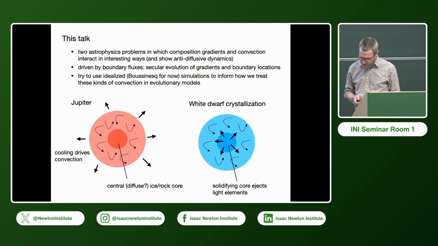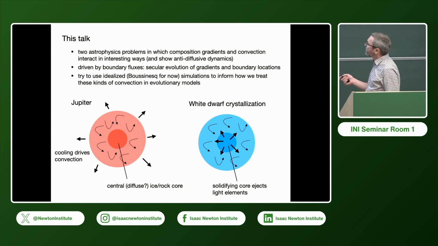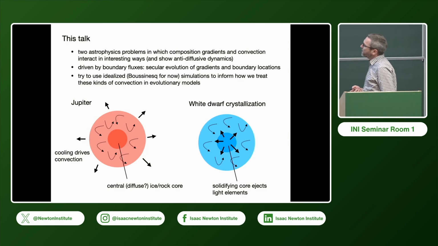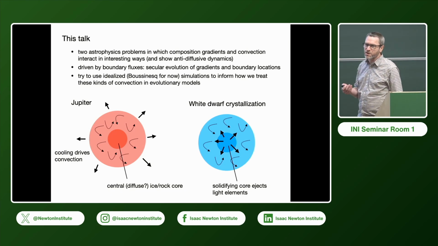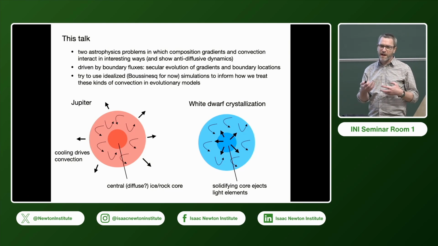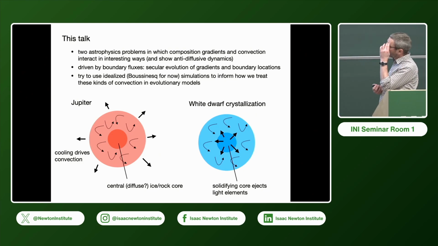Okay, so these two problems I'm going to talk about: one of them is mixing composition in Jupiter, and the other one is crystallization in white dwarfs. What they have in common is that they both involve composition gradients interacting with convection. And that interaction creates some kind of anti-diffusive dynamic, as I'll show you.